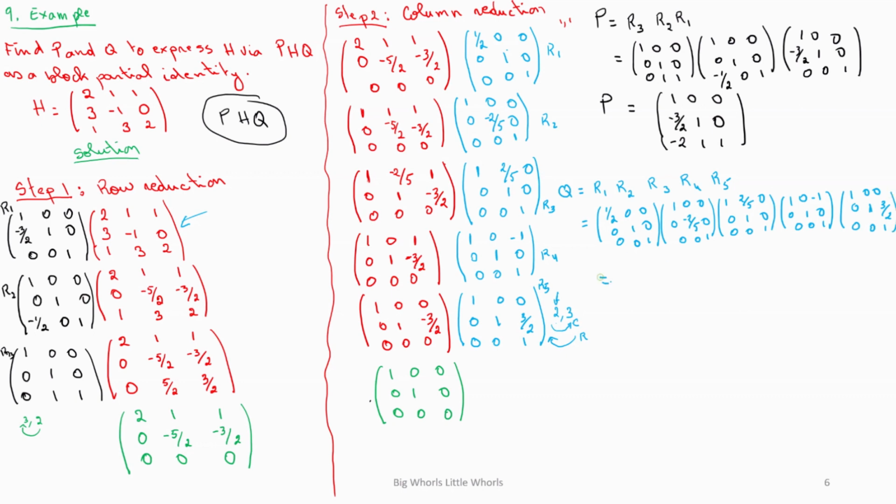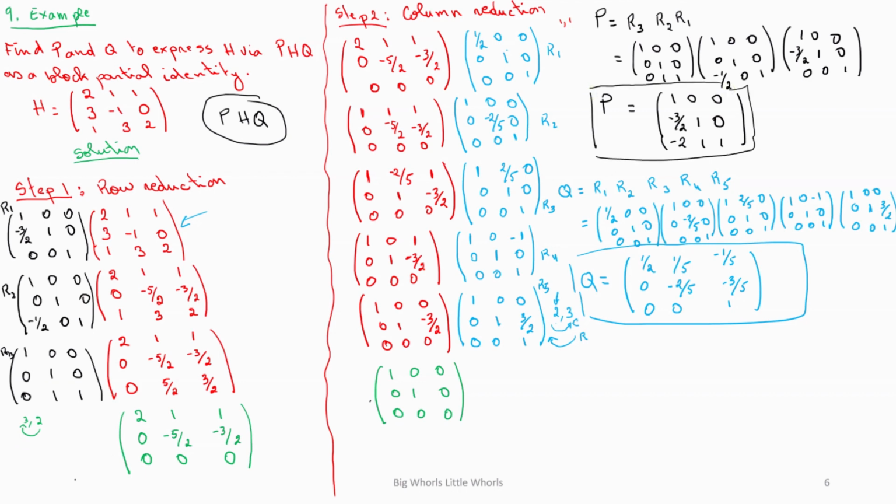If you multiply them together, you will get Q, which is a half, 1 over 5, minus a fifth, 0, minus 2 fifths, minus 3 fifths, 0 0 1. So that is our Q, and that is P.